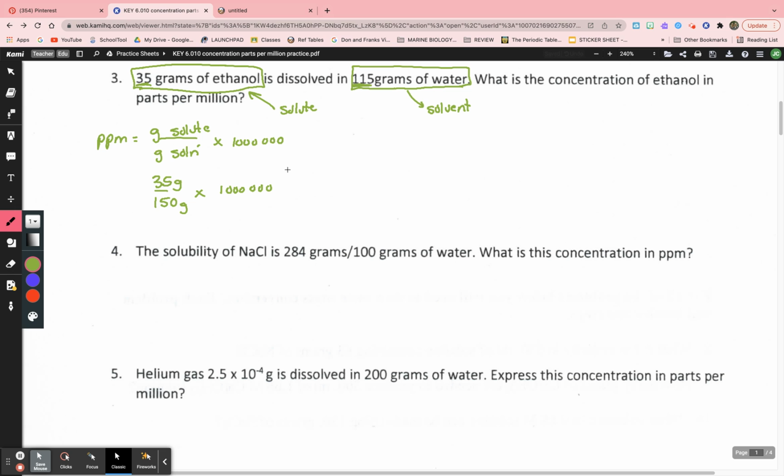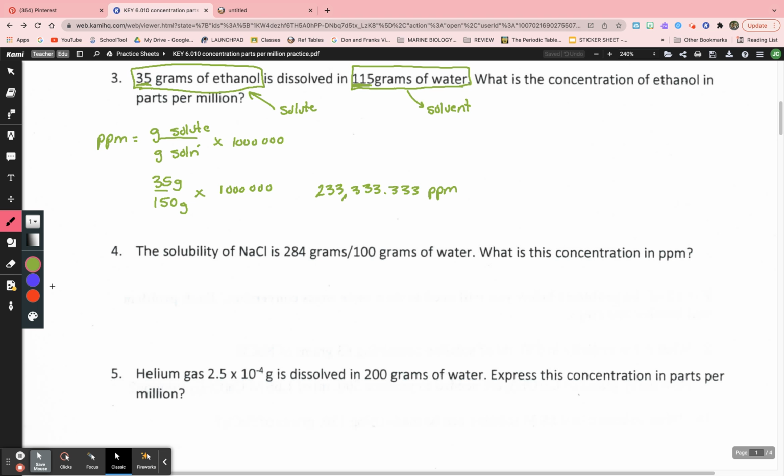And I totally didn't. So let's do that again. And we're going to end up with 233,333.333 parts per million. Now I wouldn't necessarily put this 0.333 in there, but if you put it into your calculator and you get that, that's absolutely fine.